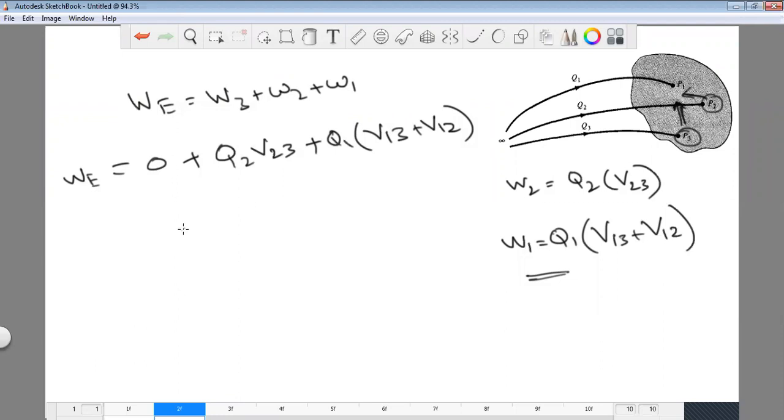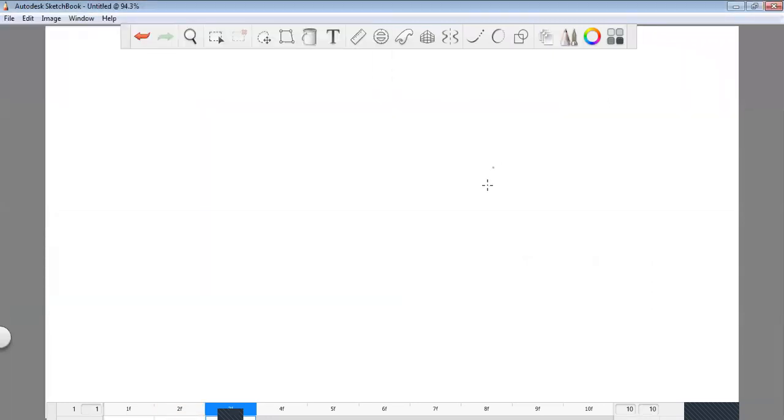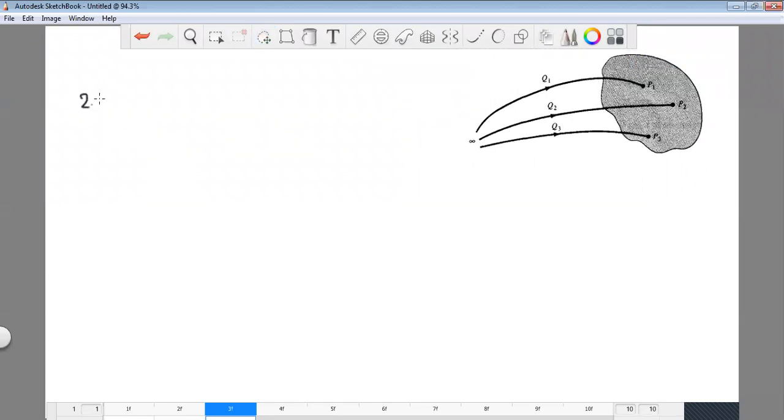In the previous case, Q1, Q2, Q3 were placed in P1, P2, P3 order. So we can calculate the total work done.